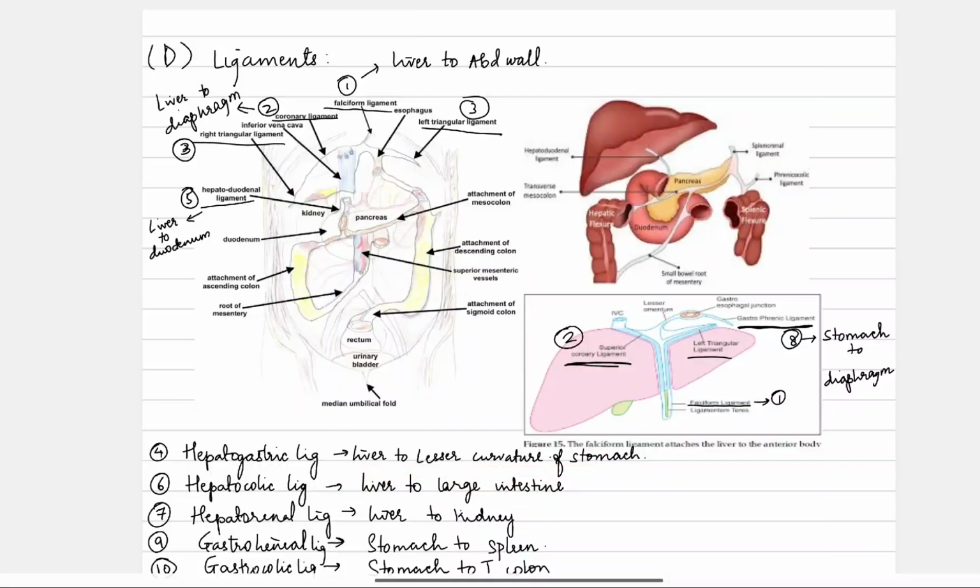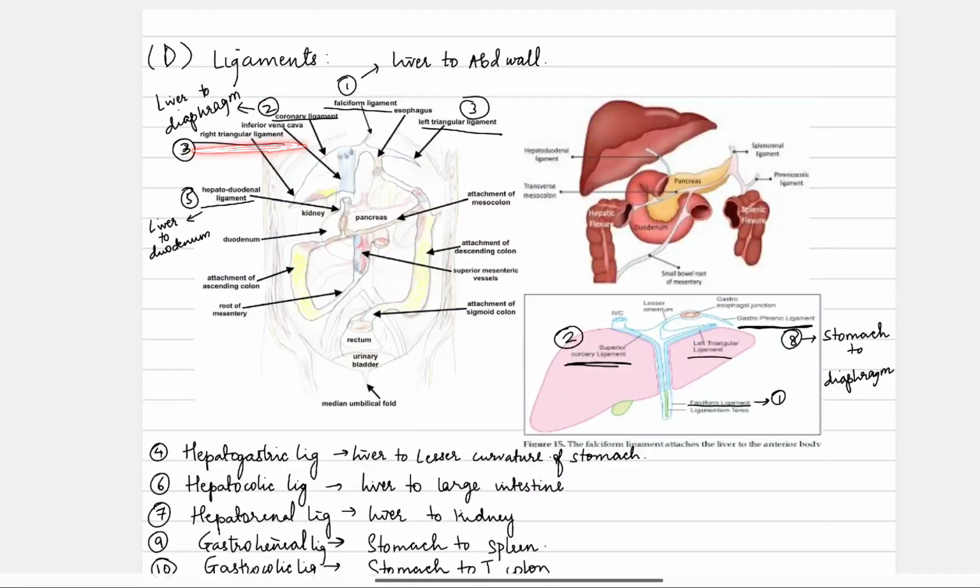Another is the falciform ligament, which connects the liver to the abdominal wall. The nomenclature of a ligament reflects the organs that it connects. Like the falciform ligament, ligamentum falciforme, connects the liver to the abdominal wall. Next is the coronary ligament. It connects the liver to the diaphragm.